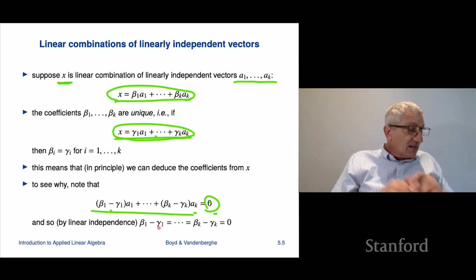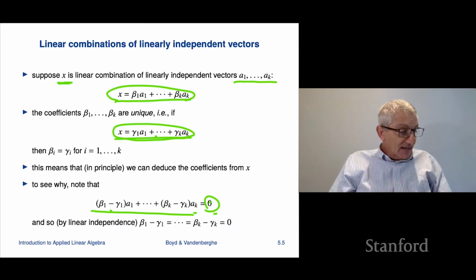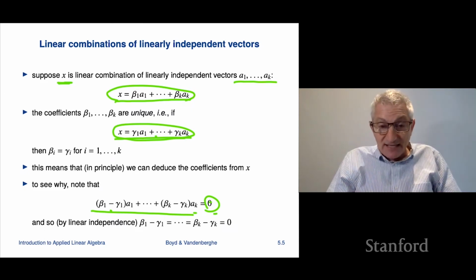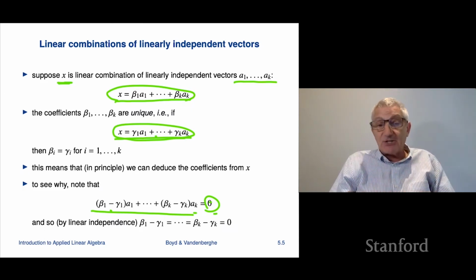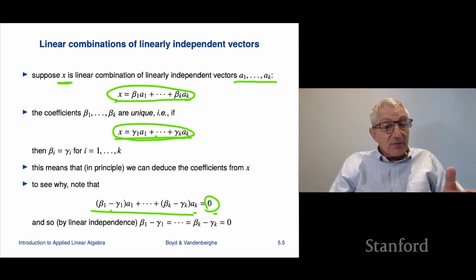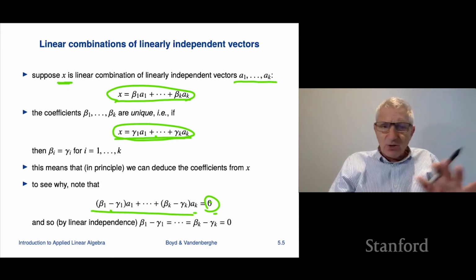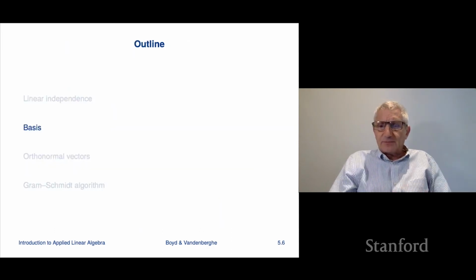And that just means that the betas are the gammas. Okay? So it has a unique representation as a linear combination. Or another way to say it is, in principle, if something is a linear combination, there's only one way it's a linear combination. Not only that, but we can actually deduce what those coefficients are. In principle, we don't know a way to do it yet, but we will later.